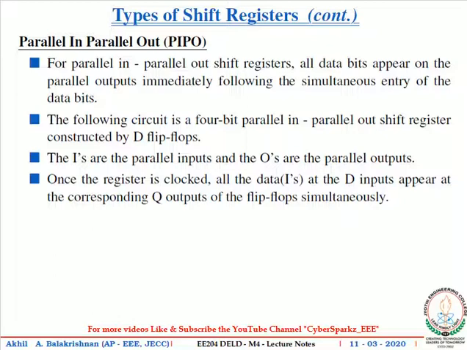This is just an extension of a single flip-flop. Here, for each bit to be stored in the shift register, you need one flip-flop. Which means if you have n-bit data to be stored, you need n flip-flops. All the D inputs of the flip-flops are the input data bits and all the outputs of the flip-flops are the output data bits.